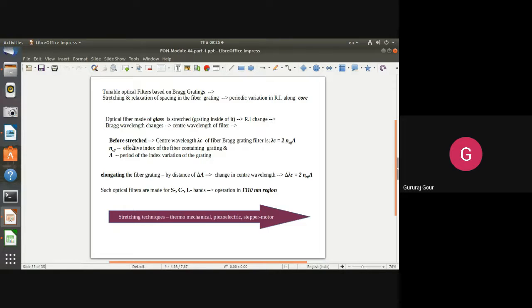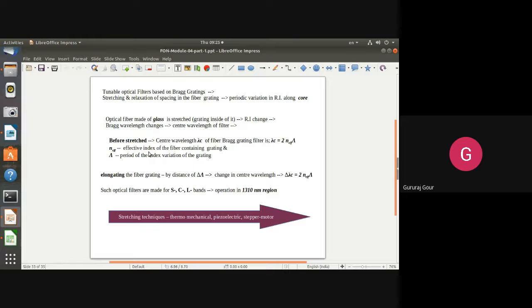So before stretching and after stretching, what will happen, we have to elaborate here. Before stretching of this fiber grating filter, the tuned wavelength or center wavelength lambda c of this fiber grating filter is equal to 2 n effective zeta.